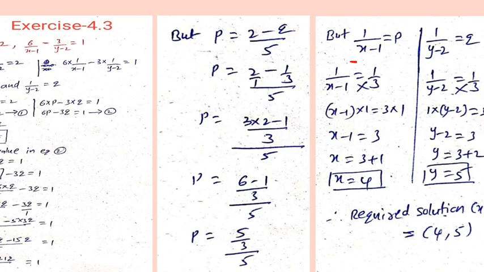Do cross multiplication: x minus 1 into 1 equal to 3 into 1, x minus 1 equal to 3, x equal to 3 plus 1, x equal to 4. Next, 1 by y minus 2 equal to q, 1 by y minus 2 equal to 1 by 3 because the q value is 1 by 3. Do cross multiplication: y equal to 5. So our required solution is x comma y equal to 4 comma 5.